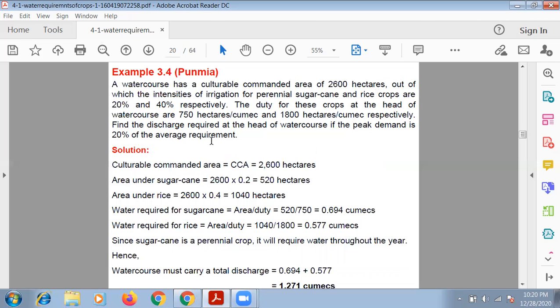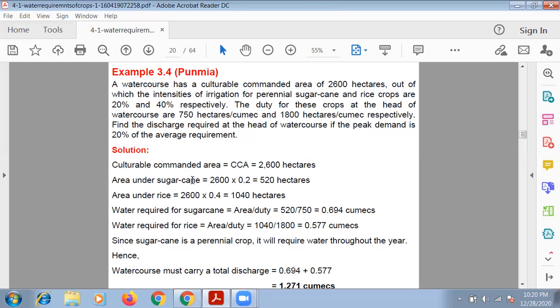So first let us check out what is given. It is a culturable command area, CCA, which is 2,600 hectares. Out of which 20% is for sugarcane.